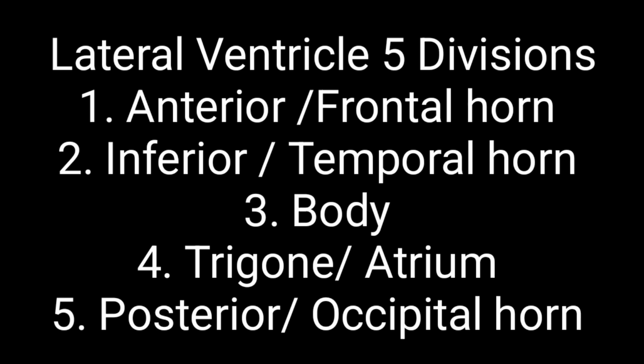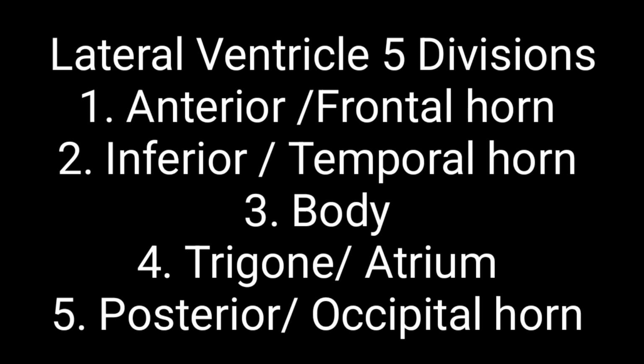The anatomy of the ventricular system has already been discussed in the previous images, but here again you would be able to see the five divisions of the lateral ventricle. The anterior horn, also called the frontal horn. The nomenclature has been given according to their respective lobar locations. So the anterior horn lies in the frontal lobe, which is why it is called the frontal horn.